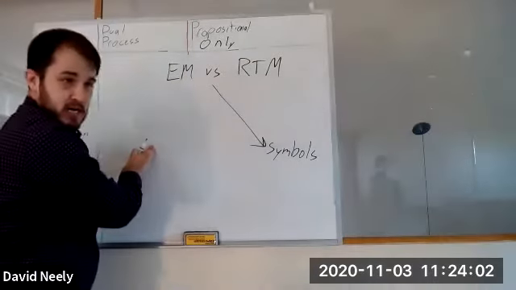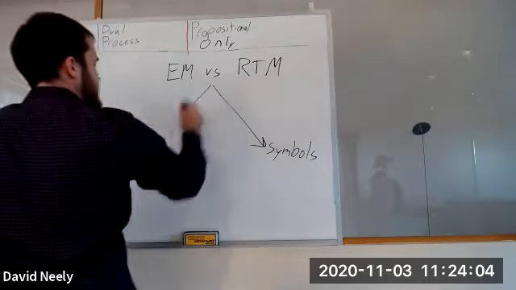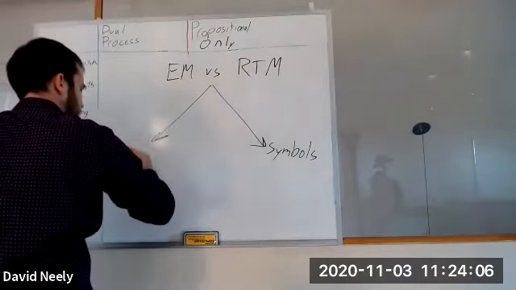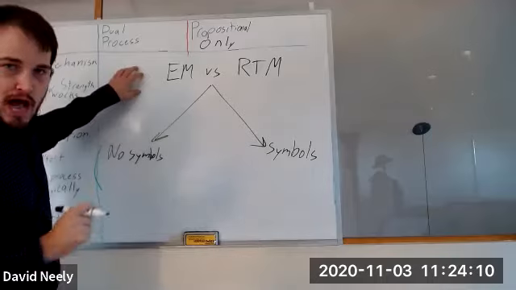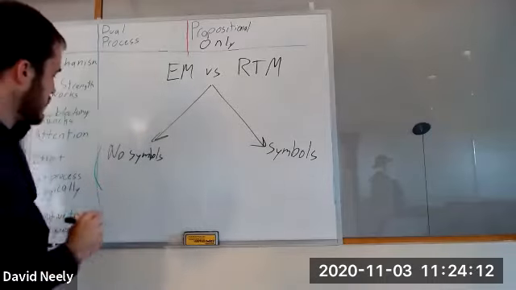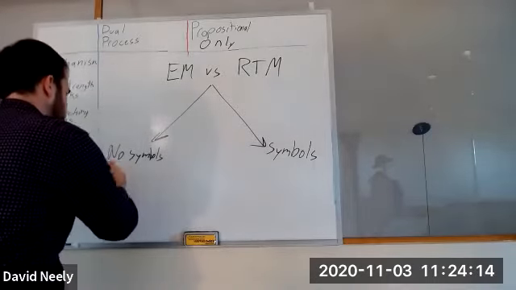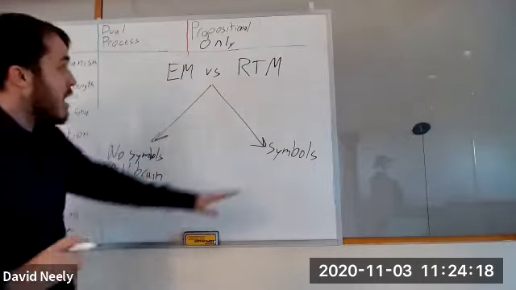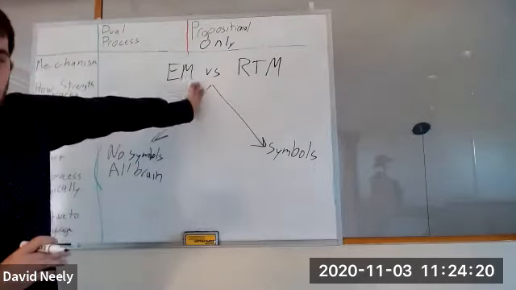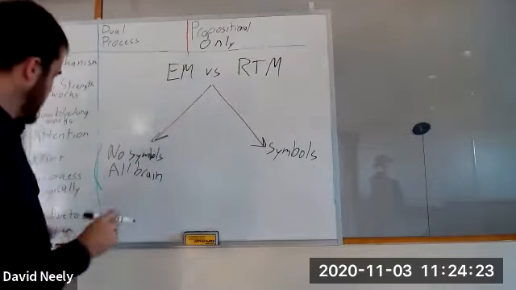Everyone who believes eliminative materialism says there's no symbols. All it is is mechanical operations at the brain level. So no symbols, all brain. That was what essay one, the eliminative materialism, is.